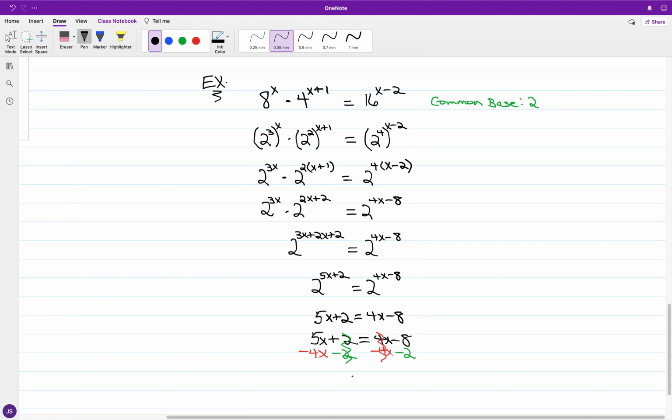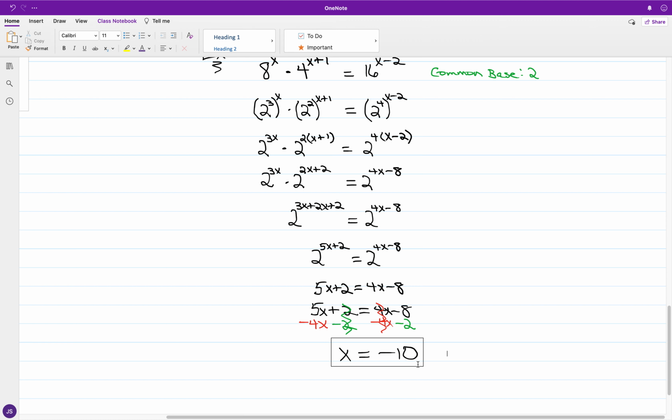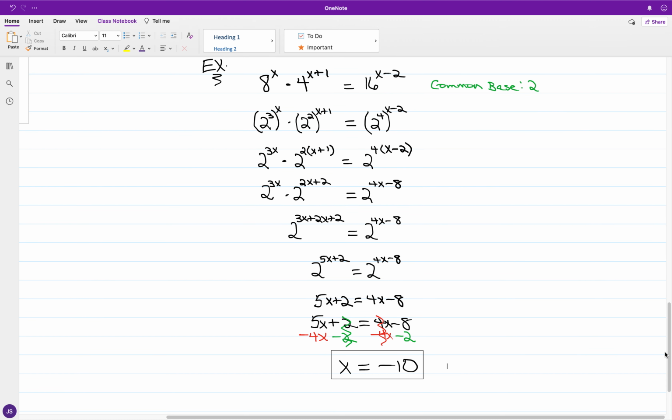So you got 4x from 5x, which will yield x. And for the constants, we have negative 8 minus 2, and so this will come out to negative 10. So that's just another case of exponential equations that share a common base.